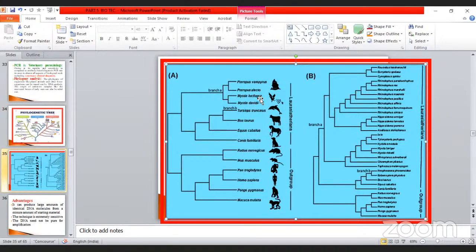Myotis lucifugus, Myotis davidii. So these two are the same. Likewise, how will they be related? Okay, we are all related to human beings. Before that, Homo sapiens is the last one. Before that, Homo habilis, Homo erectus. Okay, likewise. So the first origin is the Homo erectus.